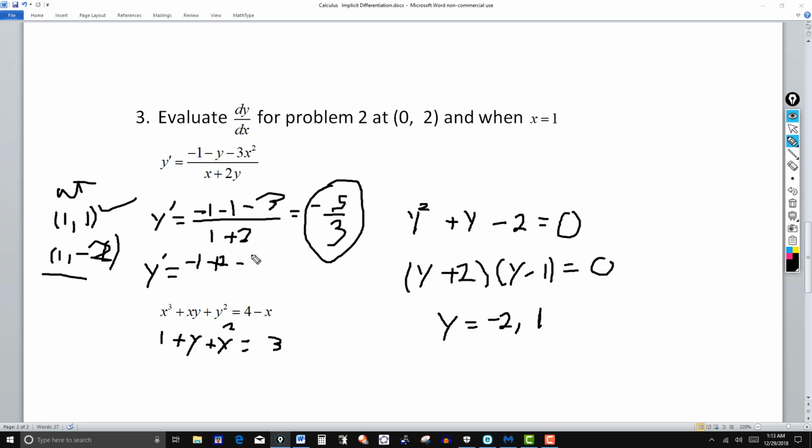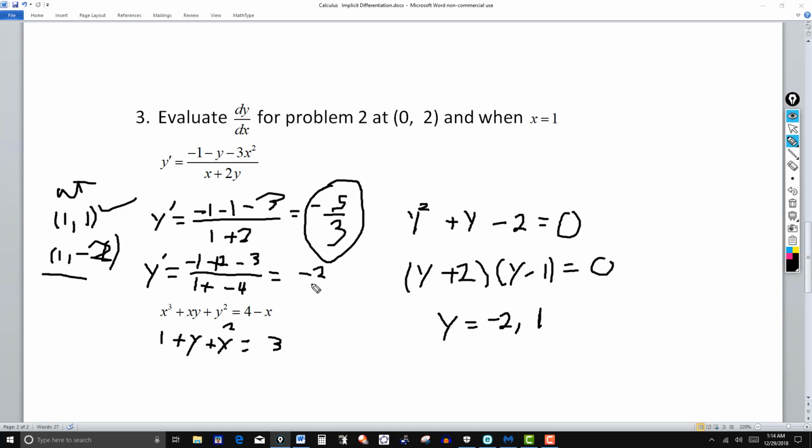And then at the bottom, x is 1, okay, so that'll be 1 plus, and then y is negative 2, so it'll be negative 2 times 2, that's a negative 4. Okay, so then this will be negative 1 plus 2 is 1, and minus 3 is negative 2. And then 1 and negative 4, that's negative 3.